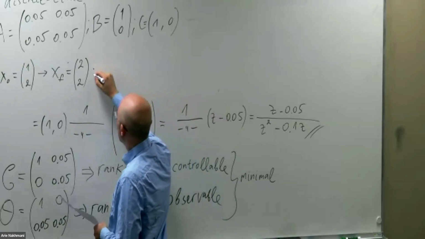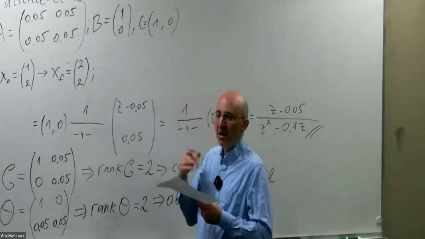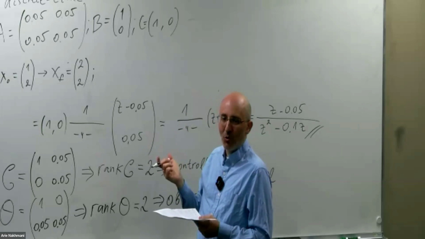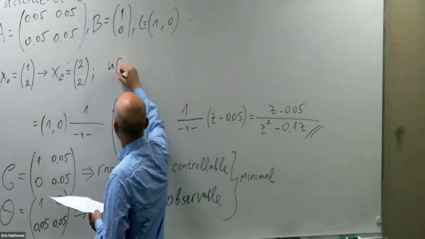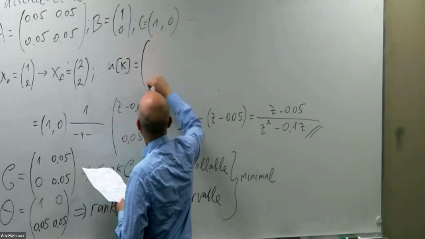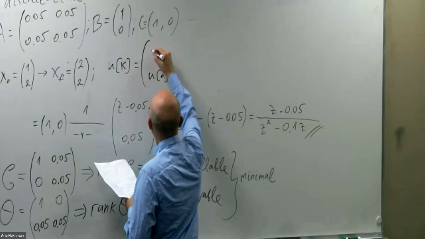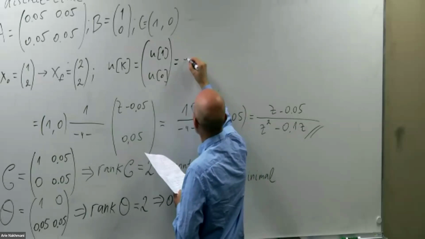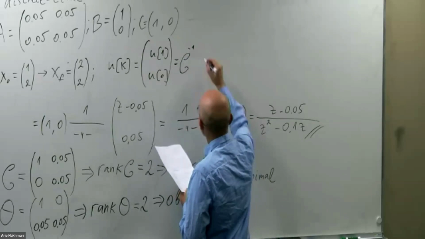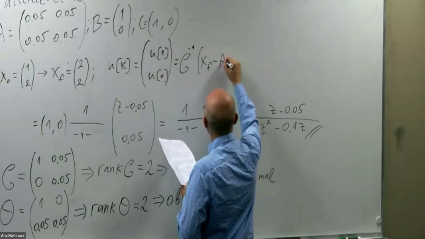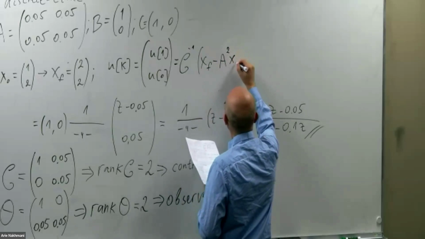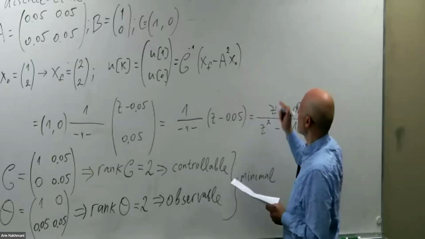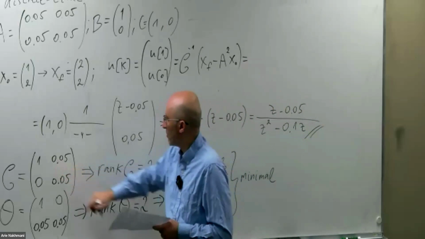We are actually promised to get there in a maximum of 2 steps, because you have a formula to find the 2 inputs, U0 and U1. This U of K will be practically U0, U1. These are the steps. We compute them using that formula, which is the controllability matrix inverse times xf minus A squared x0, where the exponent is the nth order of the system. So let's compute that. You need to invert that matrix.